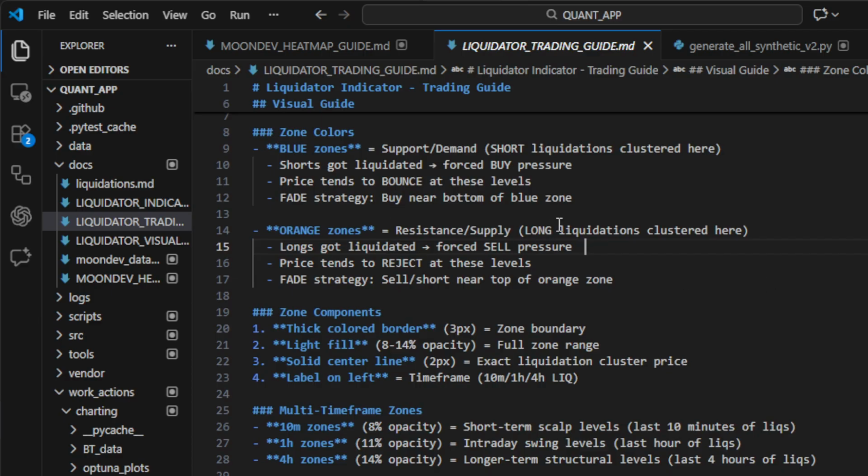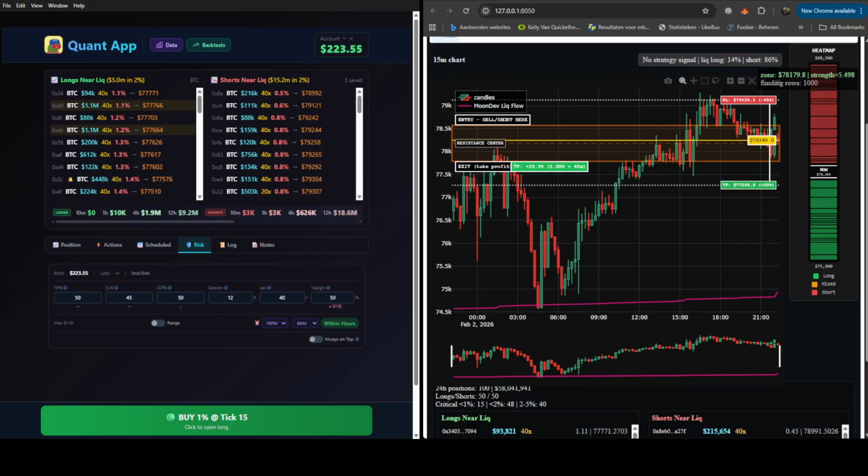Orange zones resistance supply, long liquidations clustered here. So as I just told you, this seems off right now. It's the other way around. So that's the little bug.